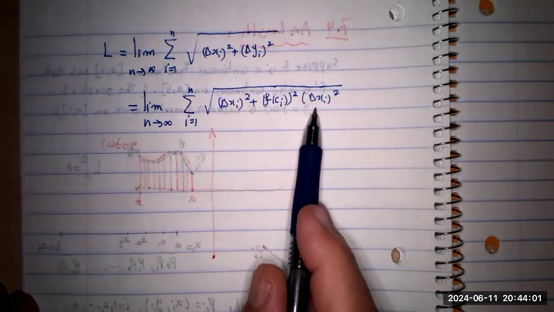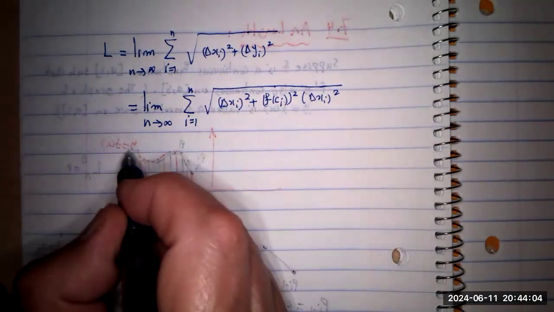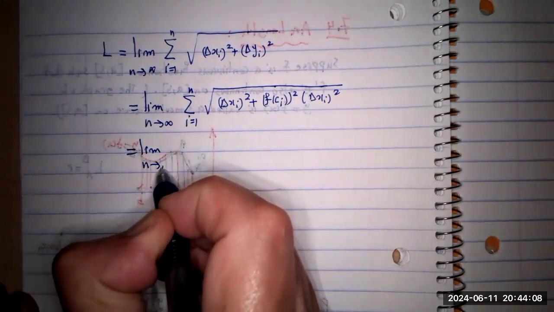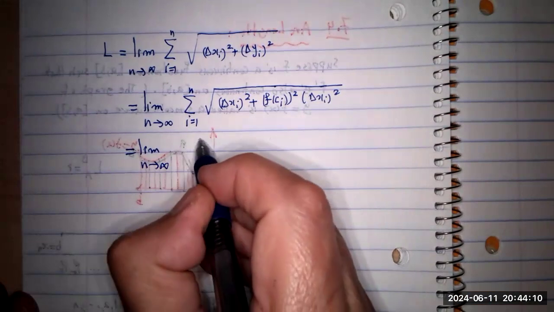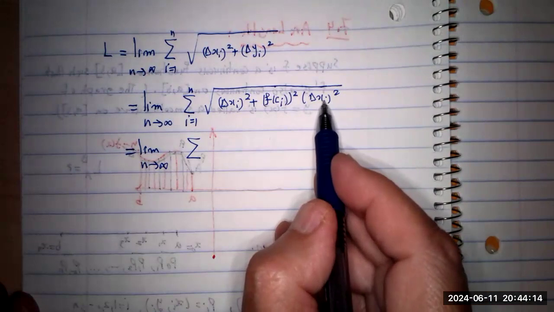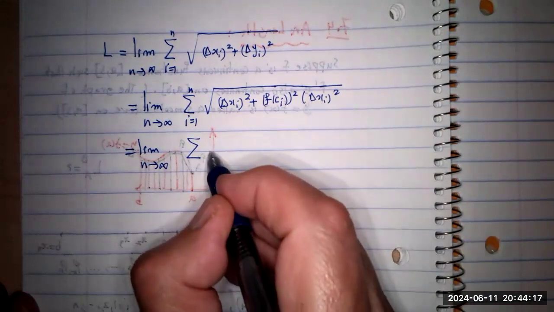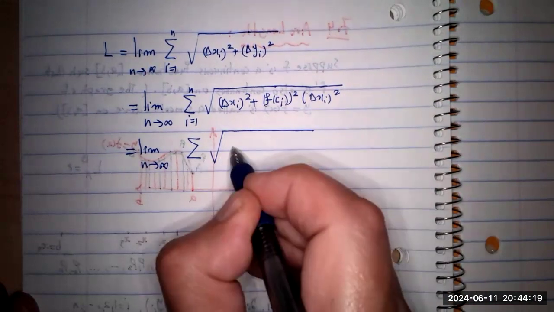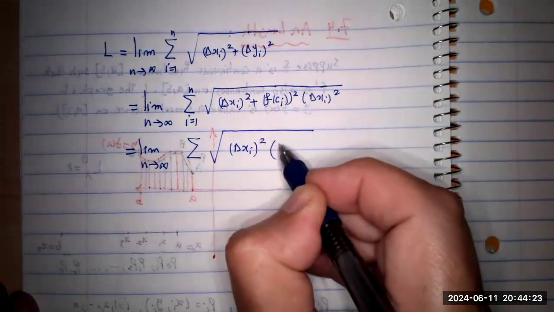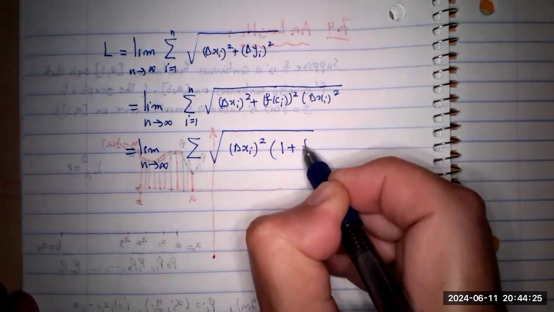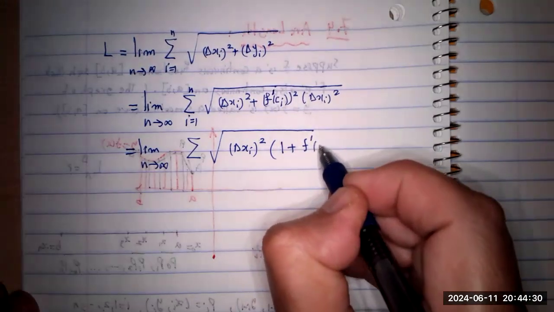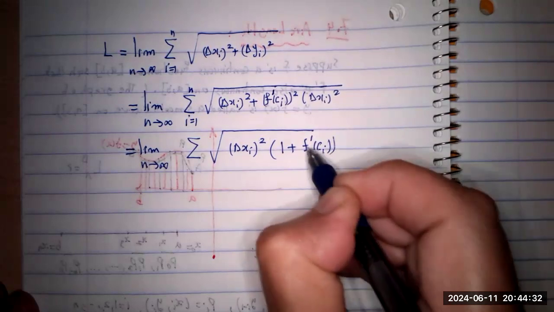Now I'm going to factor out delta xi squared, and then take it out of the radical. So it's the limit as n goes to infinity of the sigma. I take out the delta xi squared, so the leftover is 1 plus f prime of ci squared. This f prime is, of course, from the mean value theorem.